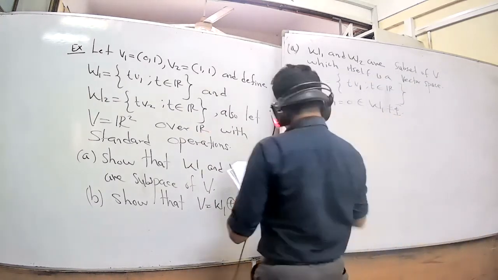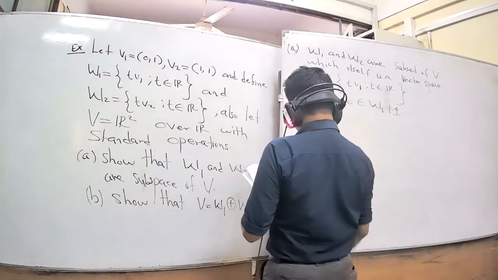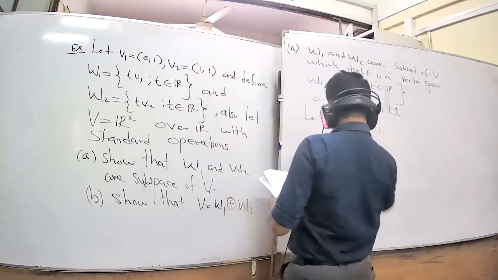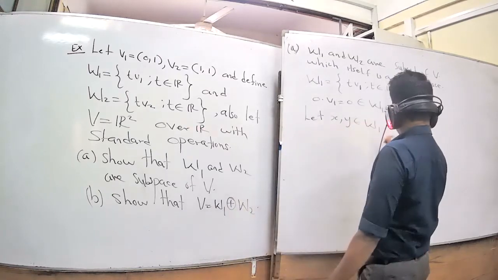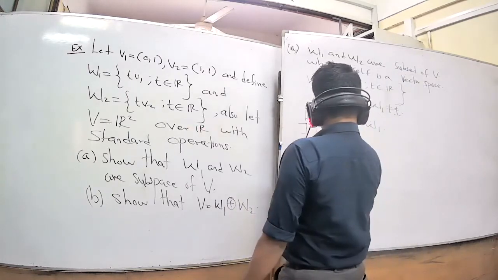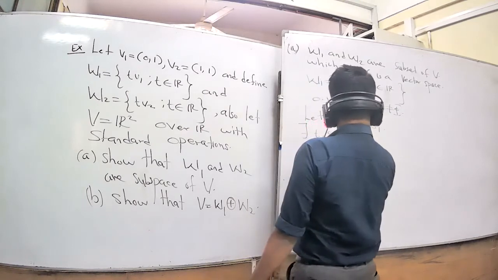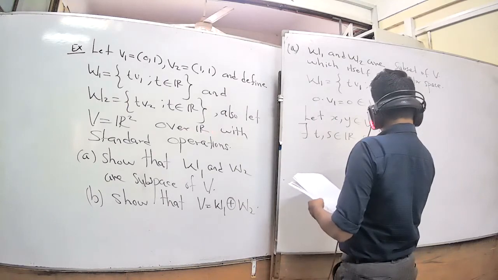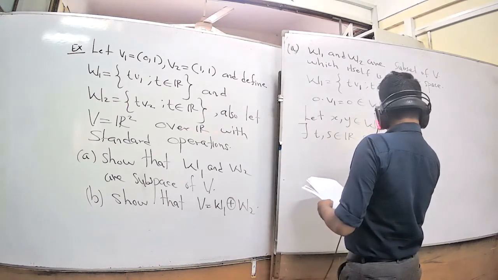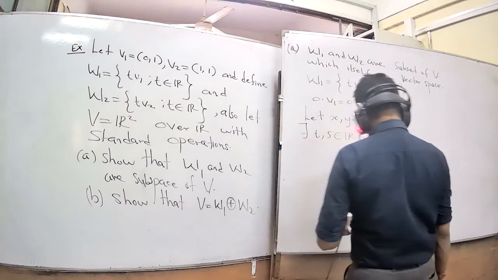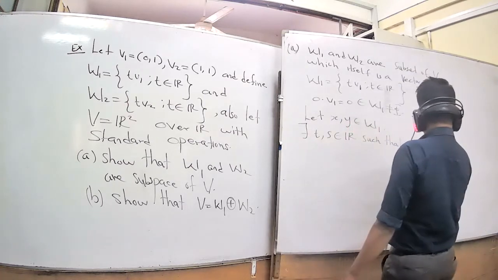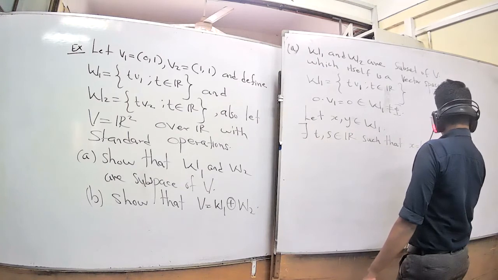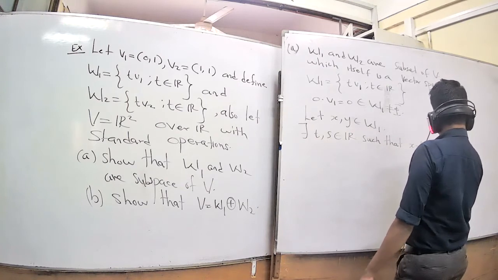Now you take two vectors x comma y belonging to W1. Therefore, there exist t comma s belonging to R such that x equals t v1, y equals s v1.